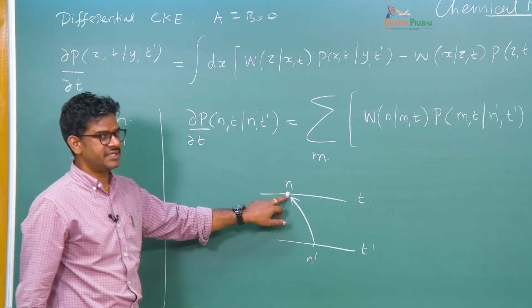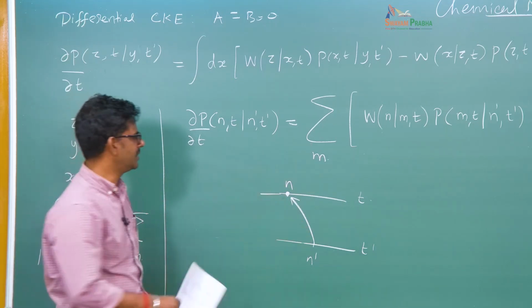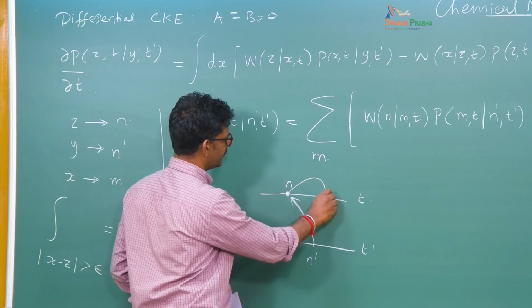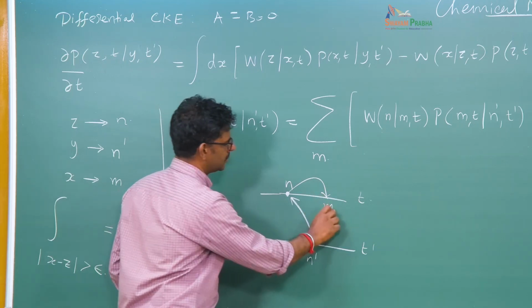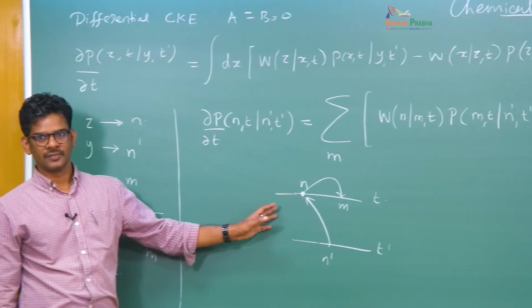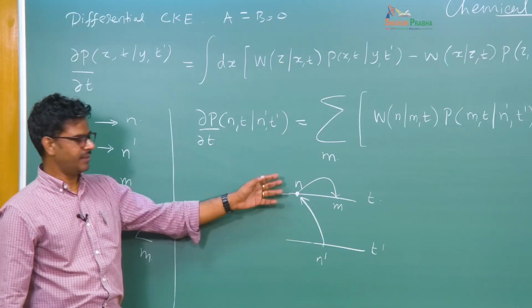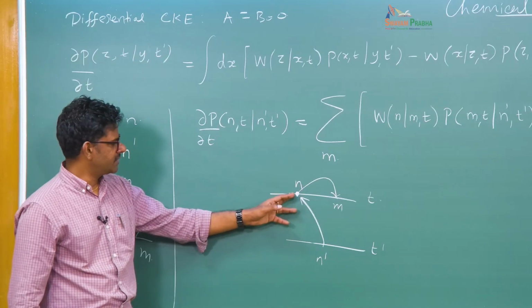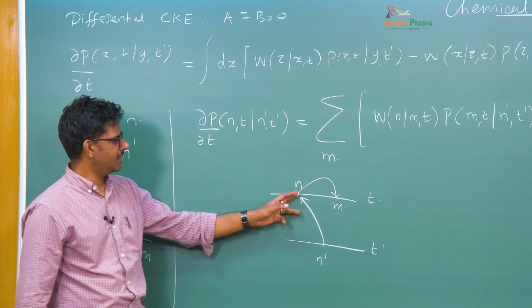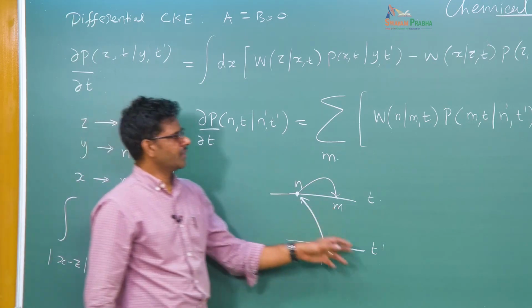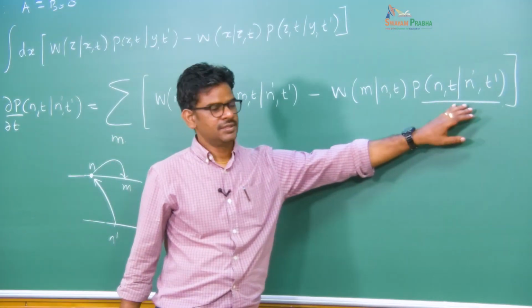And suppose this state jumps to something else, let's say some m, this would be a loss. During this time, a certain number of states being at n, t can jump to some other m. So that is what this flux is.